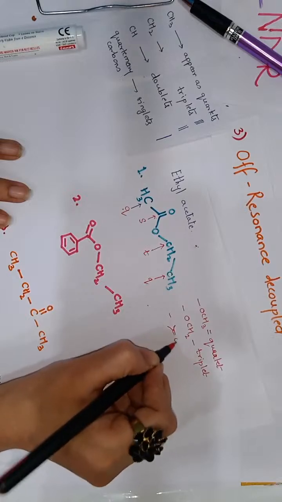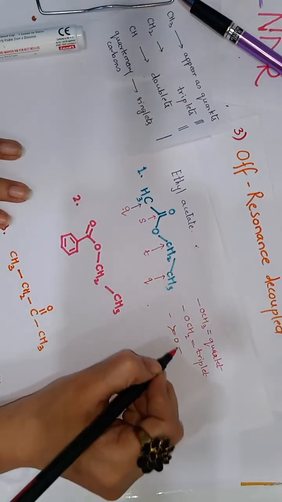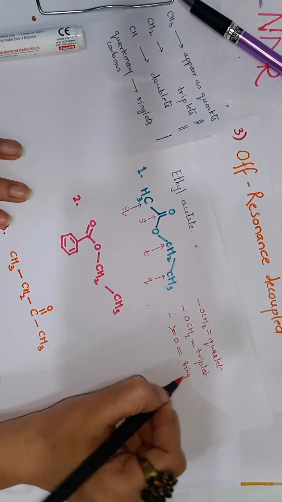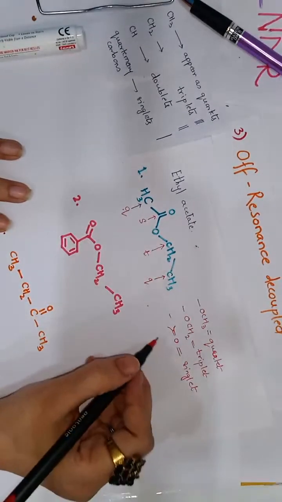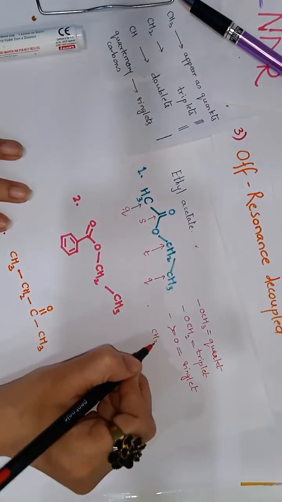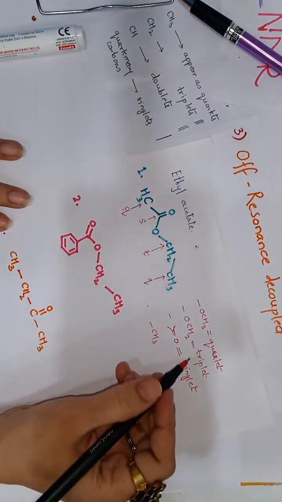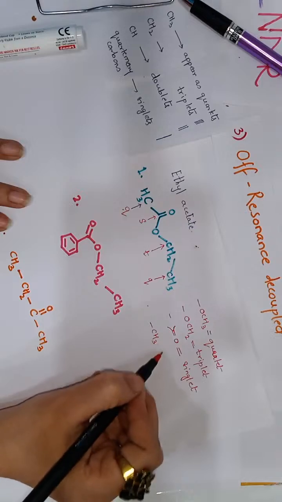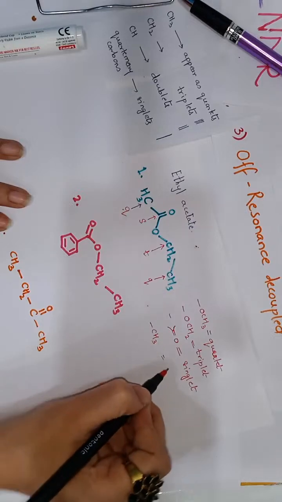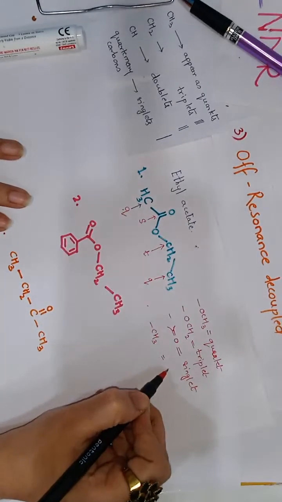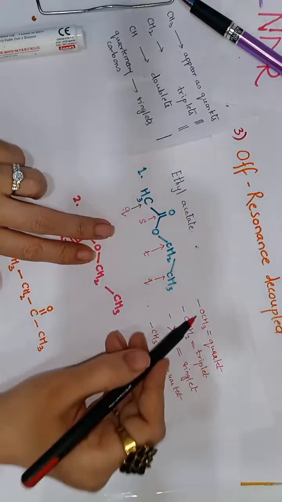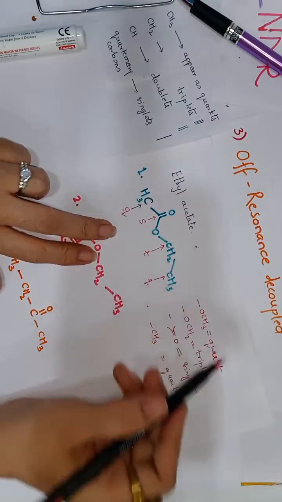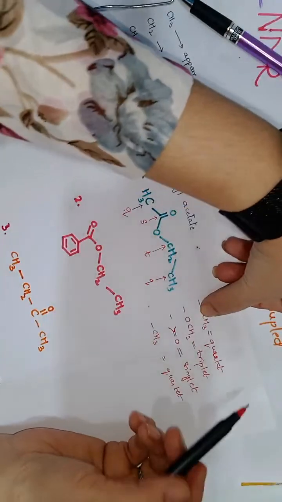C double bond O gives a singlet. And finally CH3 gives a quartet. While interpreting, instead of writing OCH3, we can also write it as CH3. That is also correct.